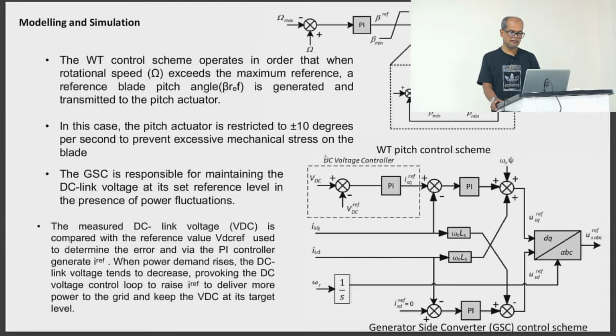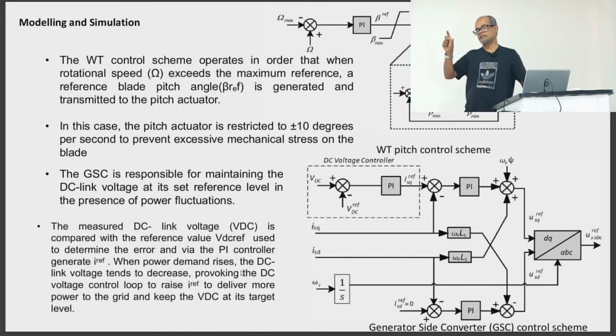And then the generator side converter, whose main purpose is to maintain the DC voltage. So here you see the DC voltage input, from that it produces the reference current, and finally from that you apply it in your converter. But here, when there is a change in power demand, for example, when your power demand rises, what is going to happen? For the DC voltage, there is a balance between DC power and AC power.